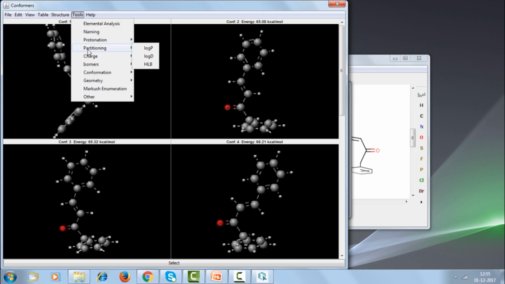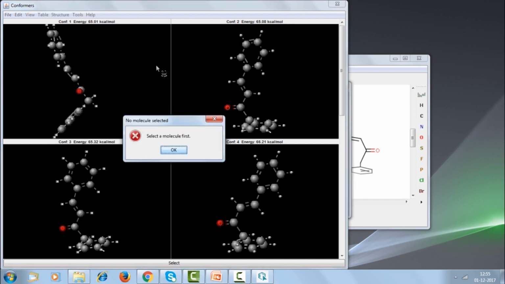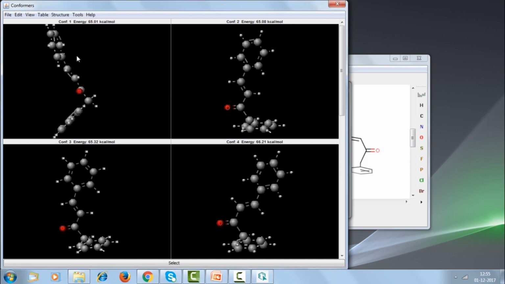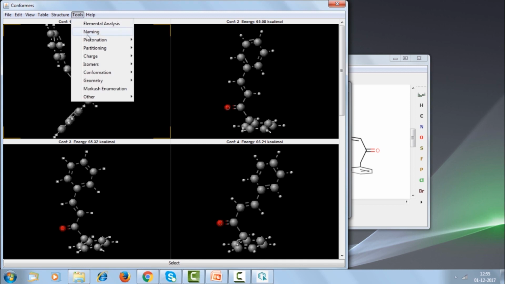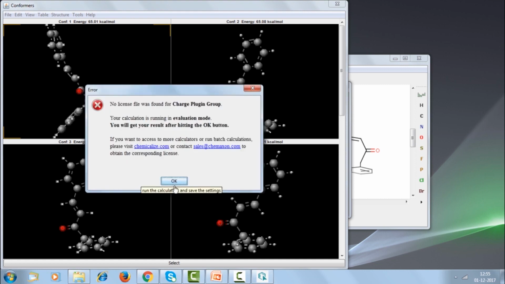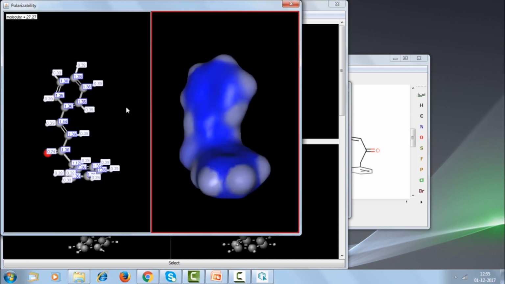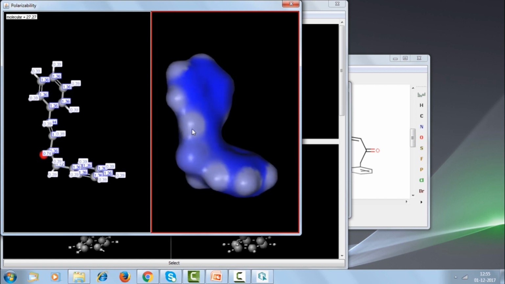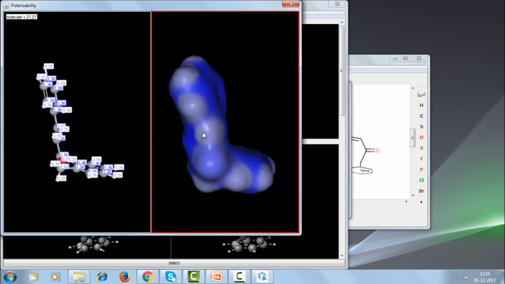So I had explained pKa, log P, charge. We can look at the charge distribution on the molecule, polarizability. This is the polarizability of the molecule.